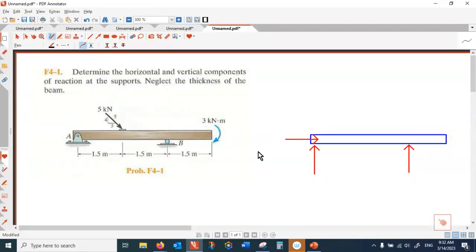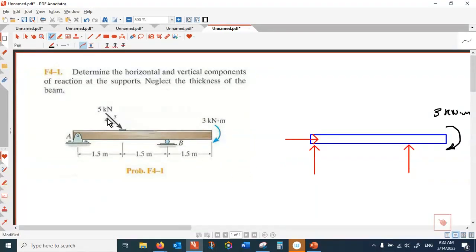Also, I notice there is a couple or bending moment on the right hand side. This is 3 kilonewton meter, which tells me I need to keep the units all in kilonewton, or I have to convert this one to newton. As long as you are consistent, that's fine. And what else?